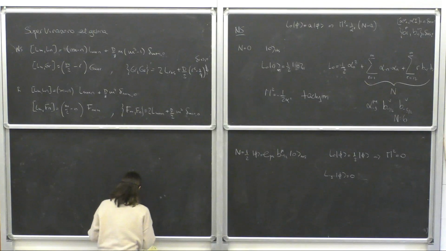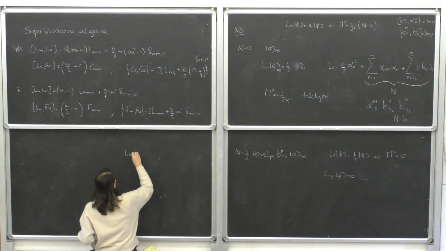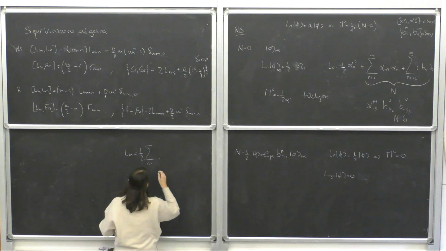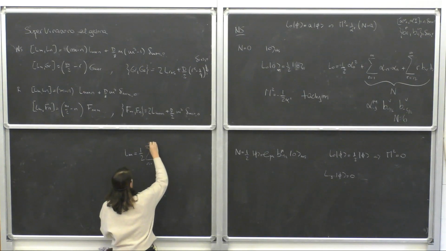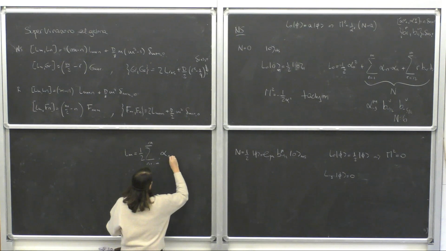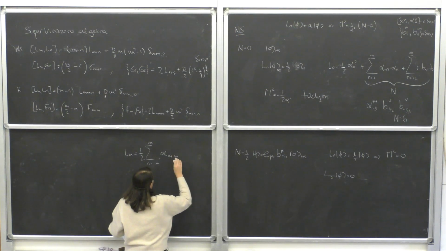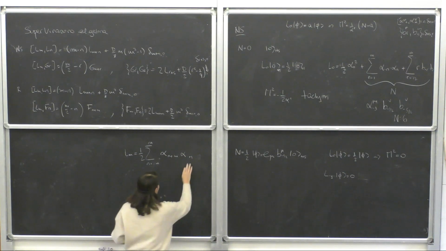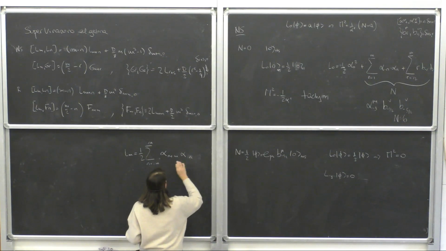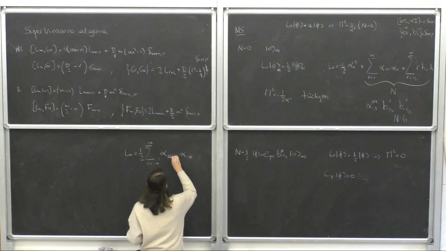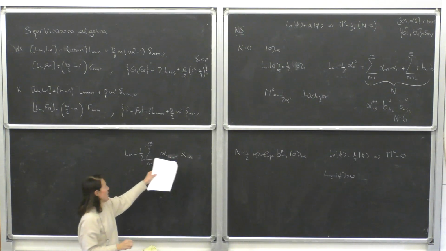So L_m is 1/2 sum over n from minus infinity to infinity of alpha n plus m. One can write it in different ways, and maybe this is not the best way. Alpha n, they're all the same, but the sum of these two has to be m.